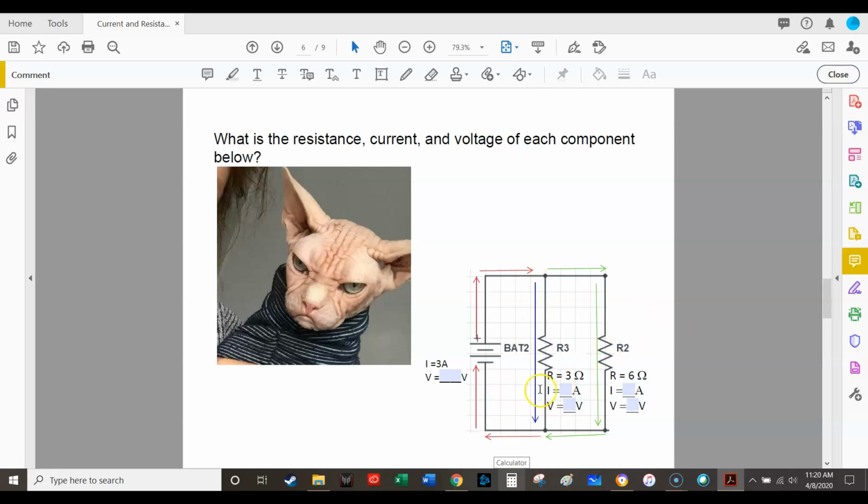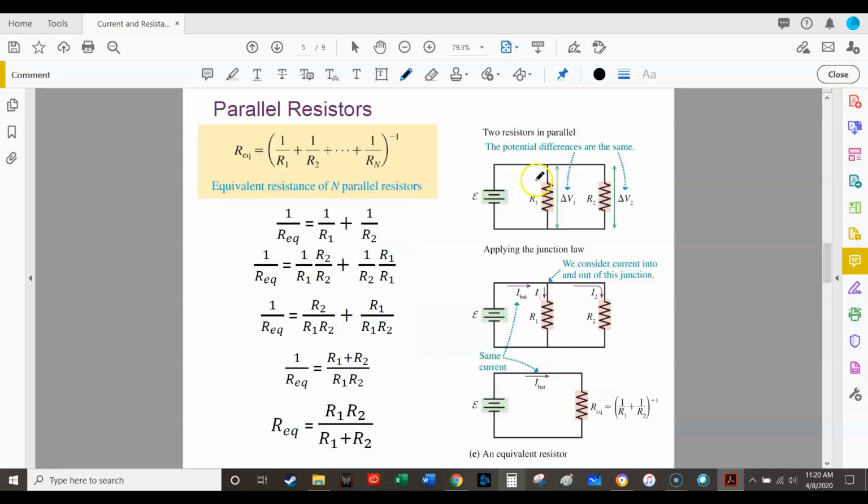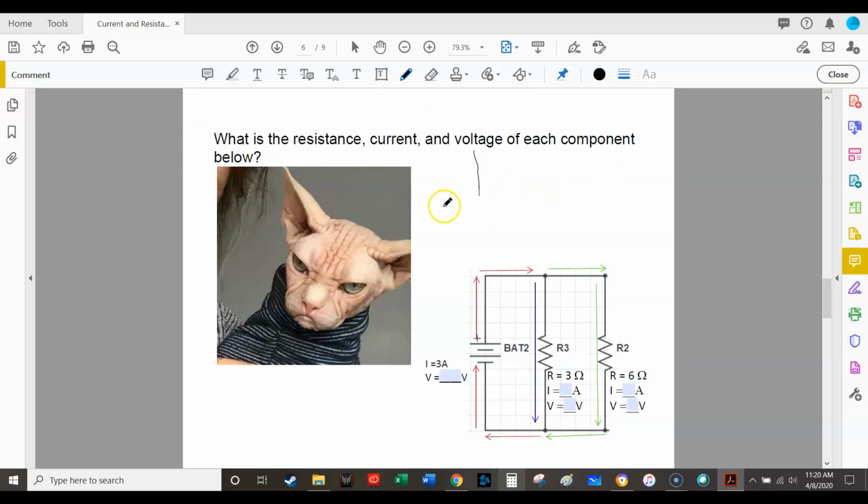So there's a lot of cool stuff that we could do. But in this problem, since we only know the resistances of R3, which is 3 ohms, and R2, which is 6 ohms, we could combine these together. So I'm going to redraw this circuit up here, and I'm going to try to draw it very carefully.